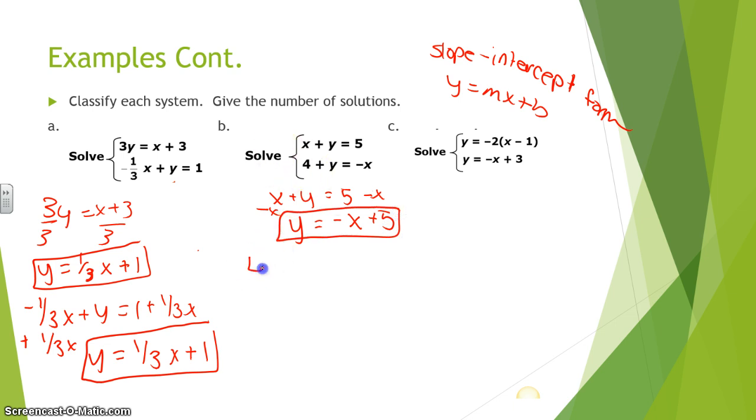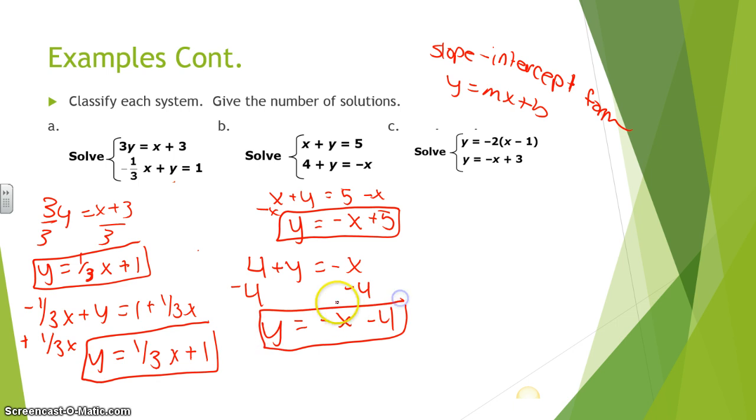The second one, we have 4 plus y equals negative x. I can subtract 4 from each side. So I have y equals negative x minus 4. Notice both of these equations have the same slope, but they have different y-intercepts.